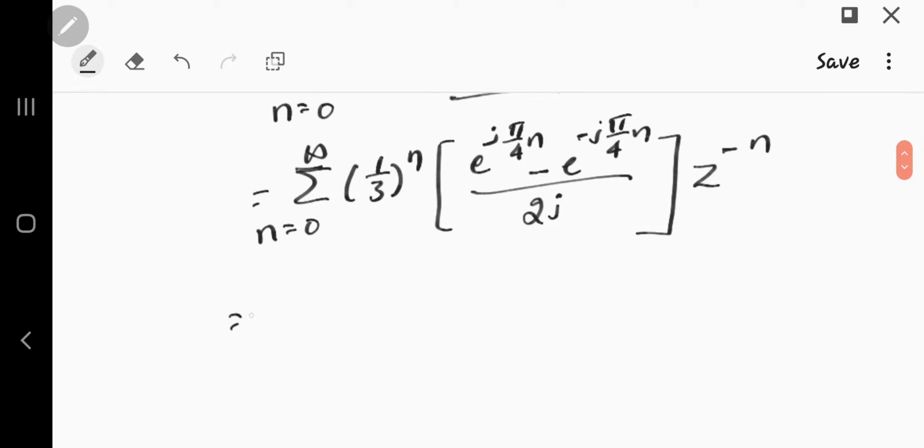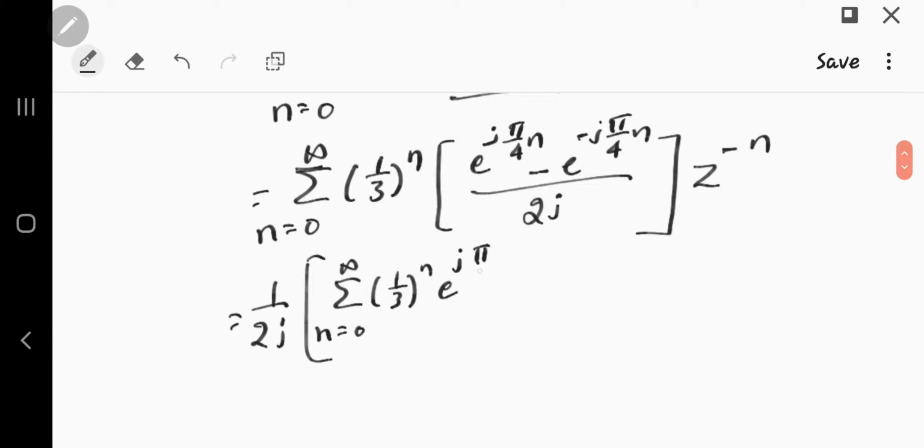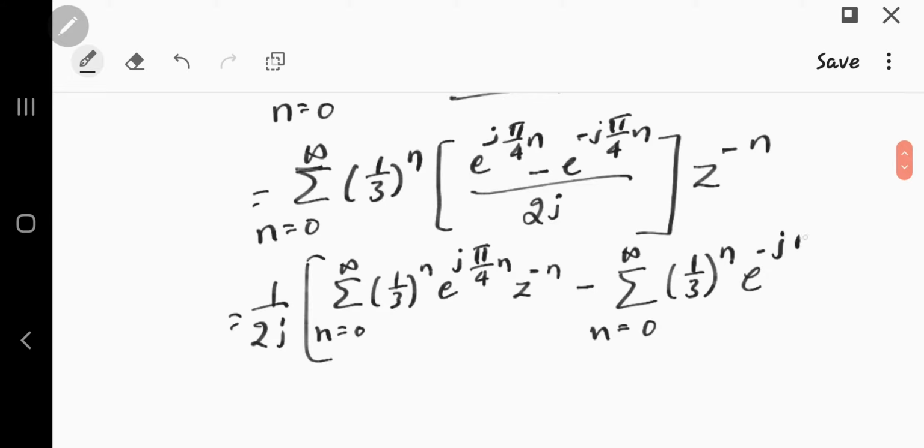I will take this 1 by 2j outside, and if I split this, summation n is equal to 0 to infinity (1/3) to the power of n e to the power of j pi by 4 n z to the power of minus n, minus summation n is equal to 0 to infinity (1/3) to the power of n e power minus j pi by 4 n z to the power of minus n.